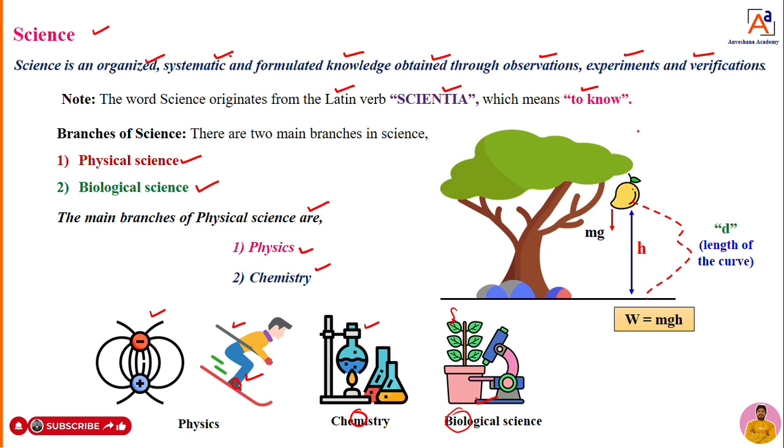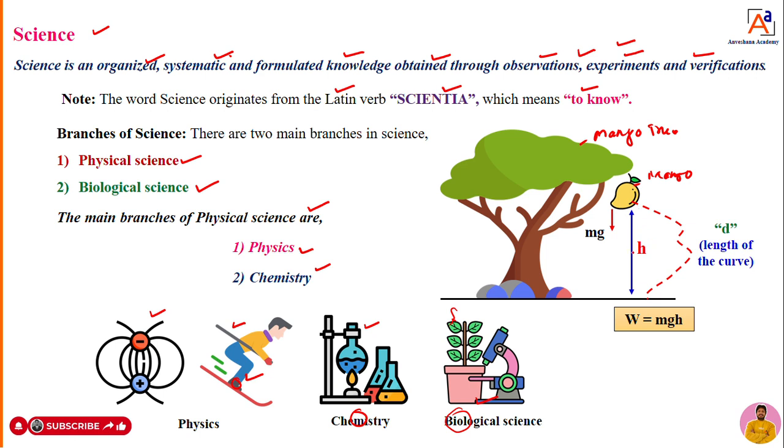How it is, you can see here, dear students, there is a mango tree, and a mango is falling down. When it is falling down, we are going to just observe it. Something is going to happen. Why it happens, we will do some repeated experiments to understand the reason behind it.